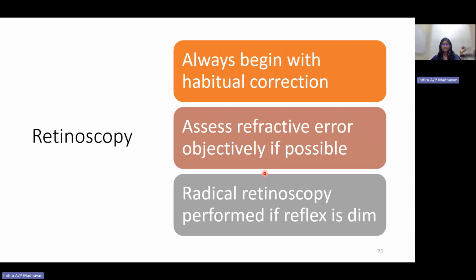even after you put high minus power lenses, you are still not able to see the reflex when you perform retinoscopy. Then what you do is move a bit closer to the eye until you are able to see some reflex.